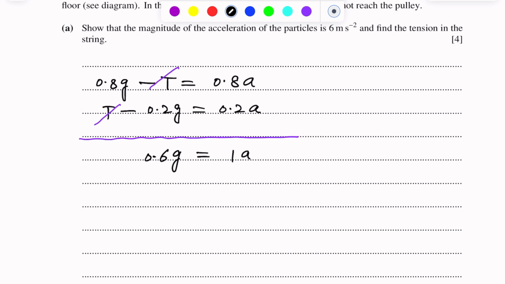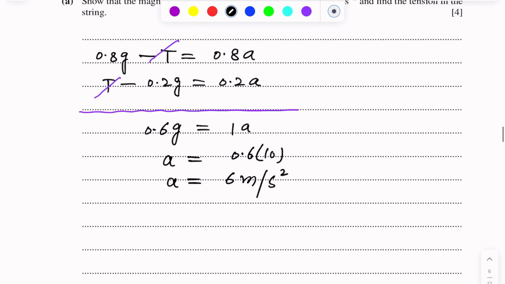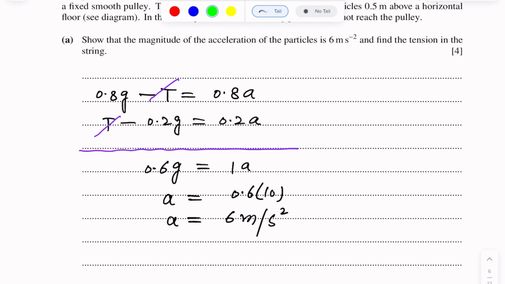From here a is equal to 0.6 into g, which is 10, so a is equal to 6 meter per second square. This is the acceleration.